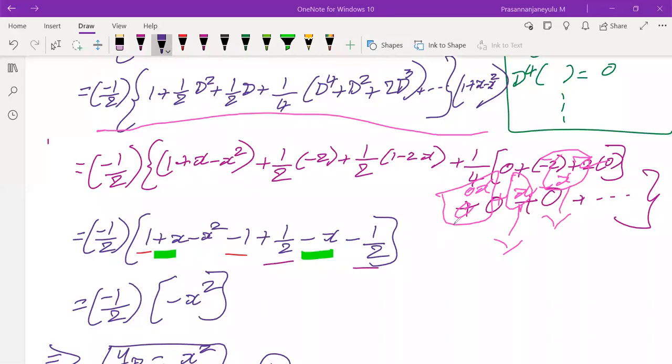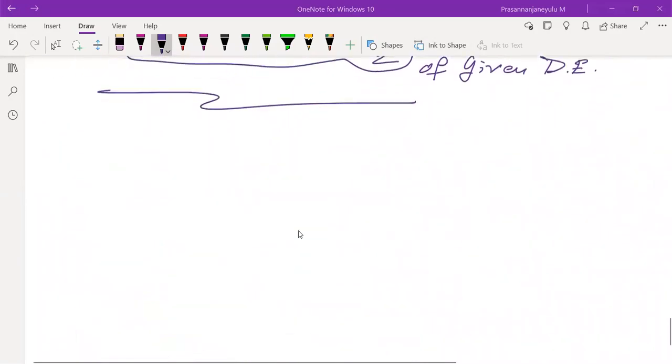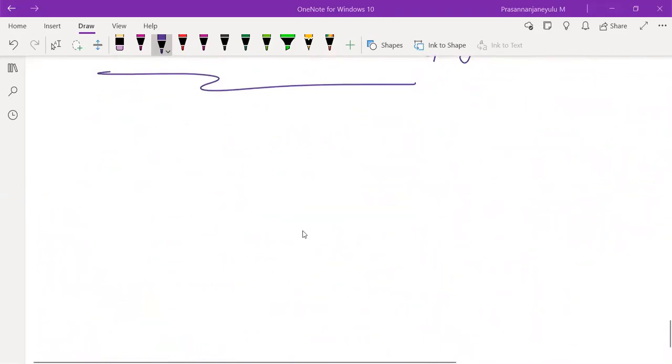But for the first term we have to apply type 1 again. So you may feel difficulty applying it like this. So treat it as a polynomial only. That's enough. Any doubts, you can ask.